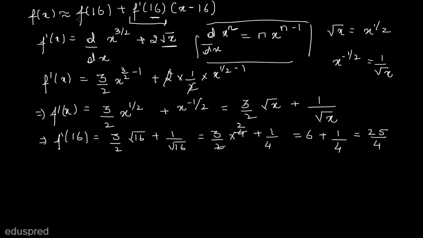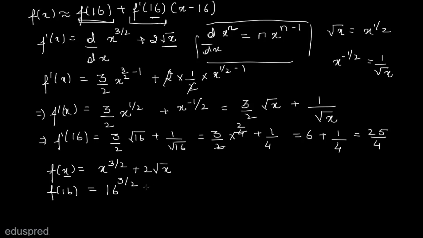Also, we need to evaluate the value of f(16). Now, f(x) was equal to x^(3/2) + 2√x. So f(16) would be, in place of x we substitute 16, which gives us 16^(3/2) + 2√16. Now 16 can be written as 4 squared.